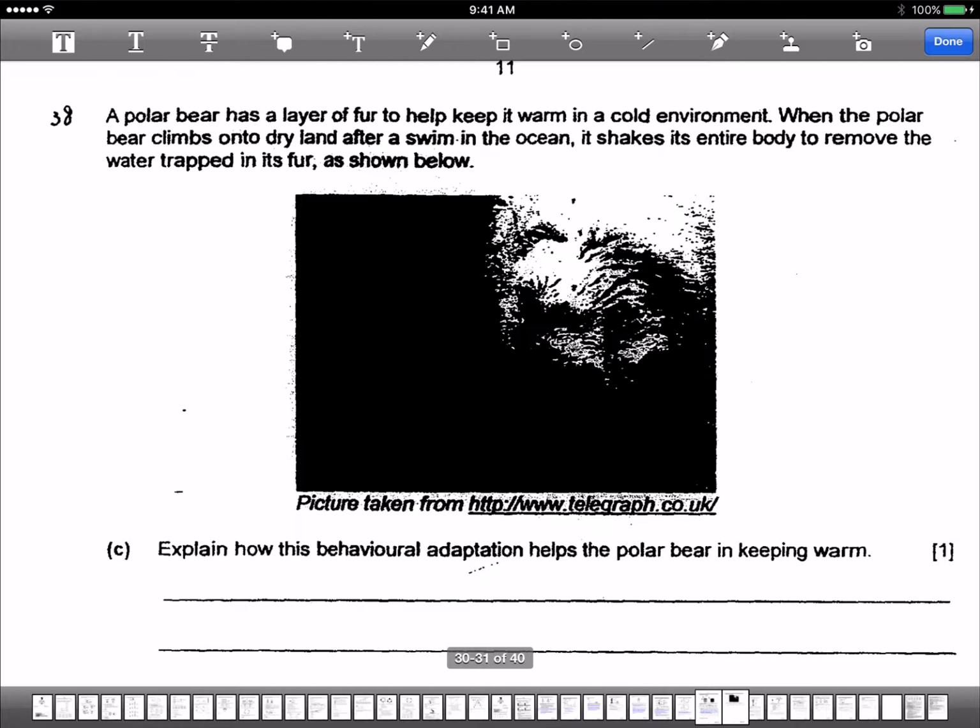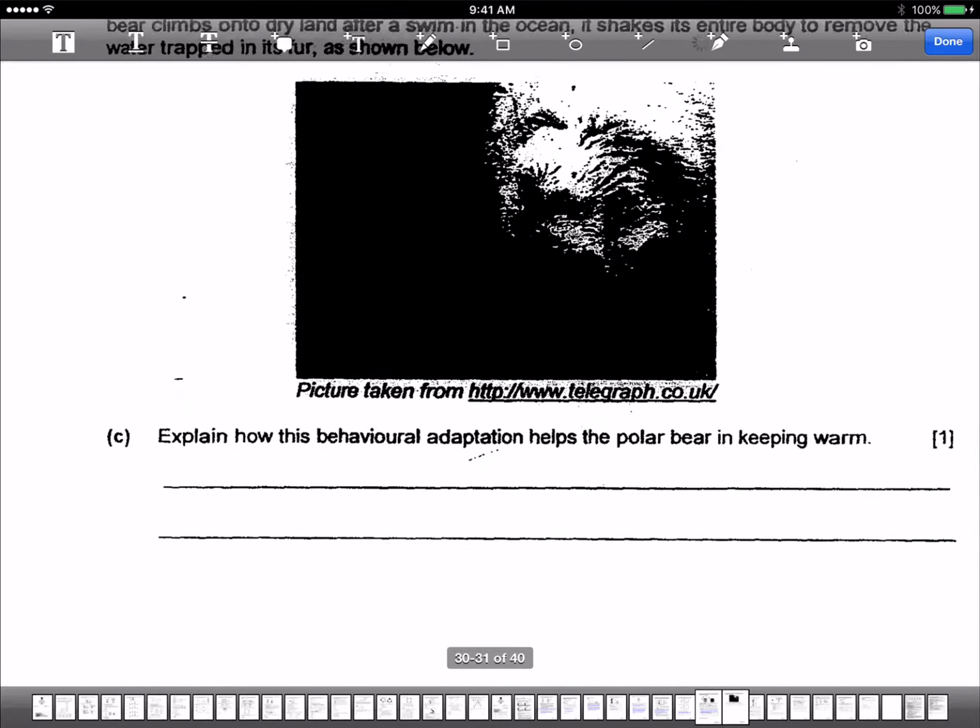Is it because when the water evaporates, the polar bear loses heat? Yeah, it's about the evaporation. If it has water trapped in its fur, when the water evaporates, it will remove heat from the body.